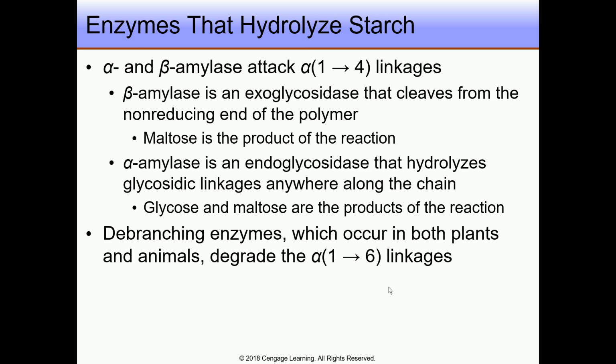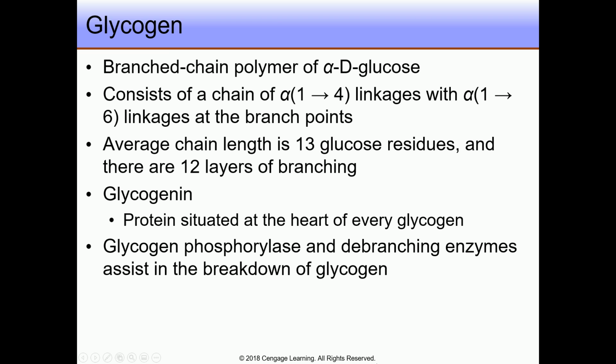Now, as I said, starch can be of two kinds: amylose and amylopectin. Amylose is not much branched. Amylopectin is quite branched. And here we just talked about the enzymes which can break these kinds of glycosidic linkages. Now, glycogen is the storage form of polysaccharide.